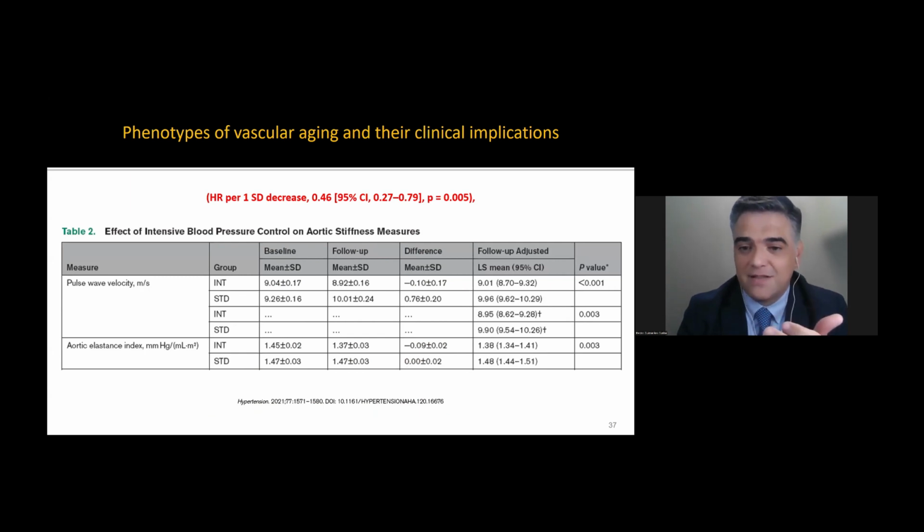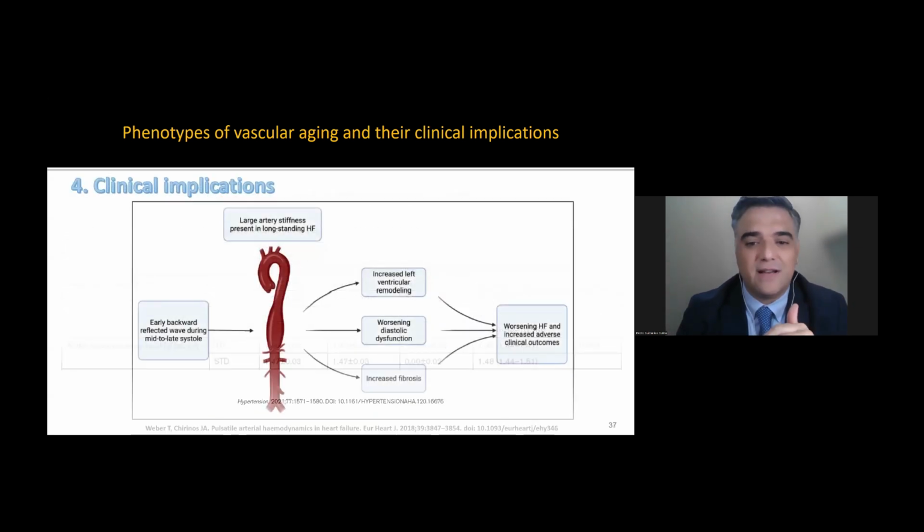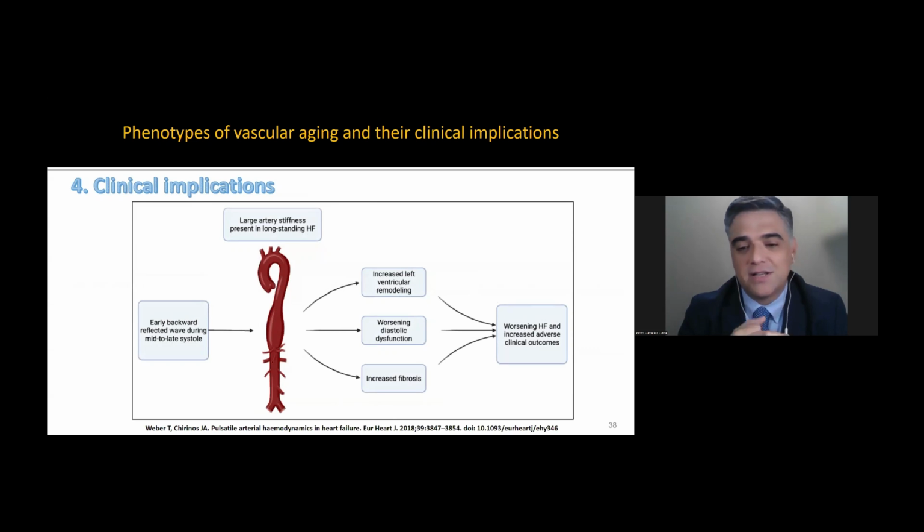The caveat of this evidence is, of course, that this has been a smaller study that needs to be externally validated.